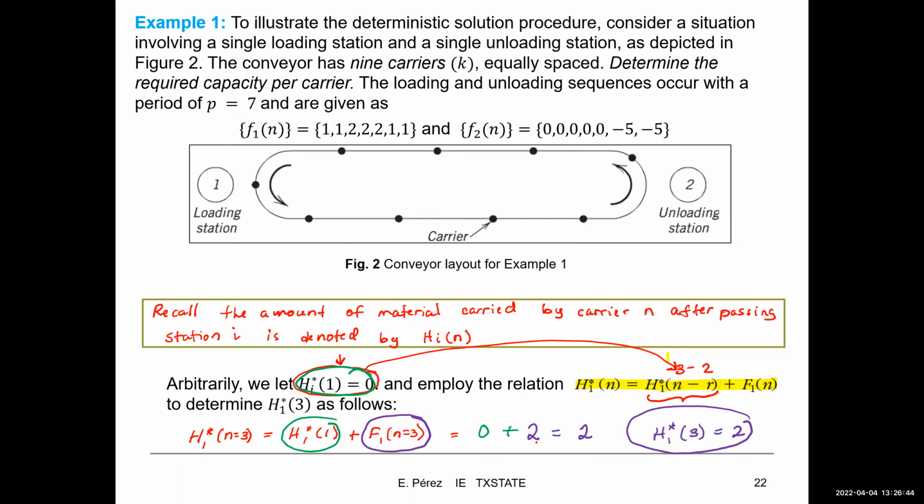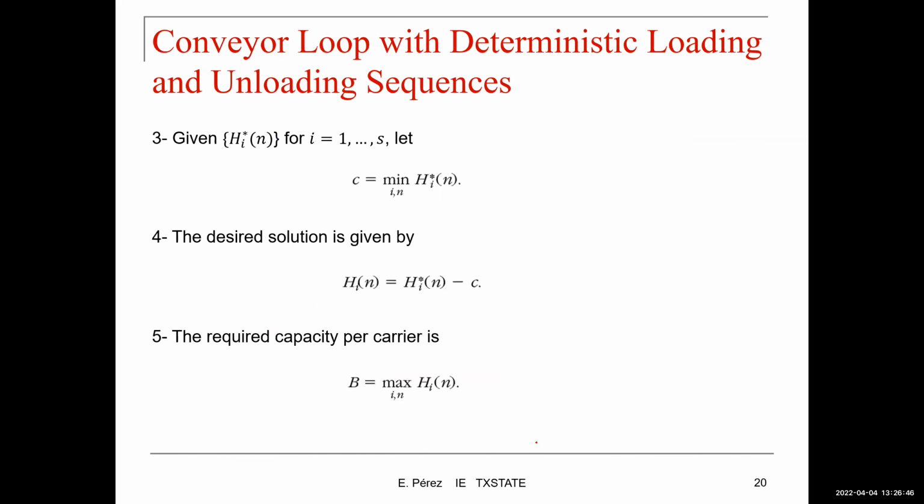Remember the next step. Now knowing these values, I can compute C. I'm going to look at each value of Hi star. That's step 3.